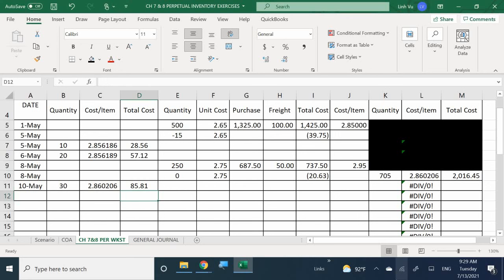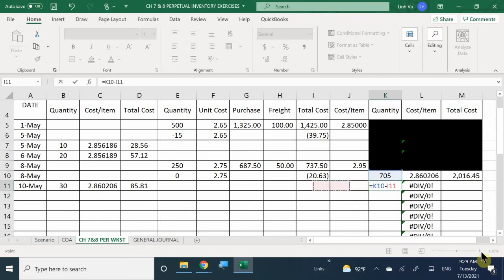Excellent. Now I need to update my inventory because I no longer have 705. I have 30 items left to subtract.